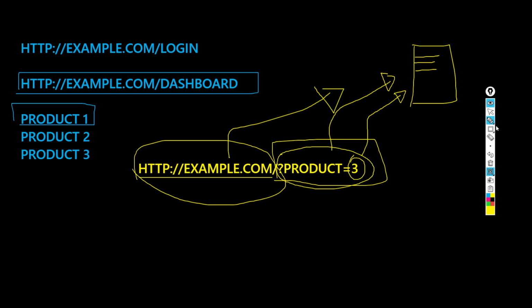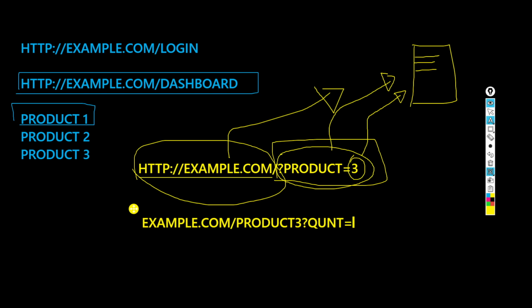Same, we have the quantity. Example.com. Here we have product three, and here we have quantity.